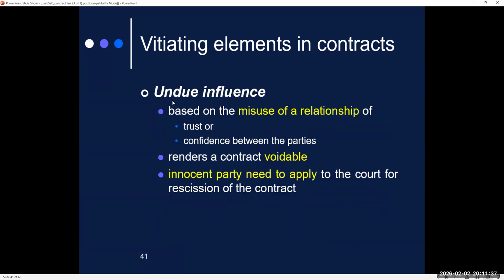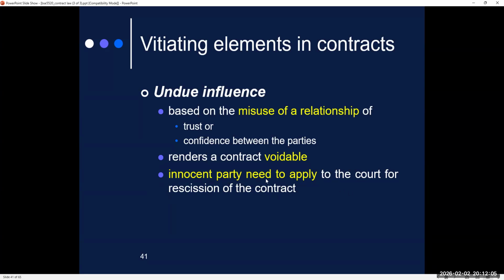Other than duress, we have another term called undue influence, misuse of a relationship of trust or confidence between the parties that would make a contract voidable. Not void, but voidable. So the innocent party needs to apply to the court to rescind the contract, or rescission of the contract.